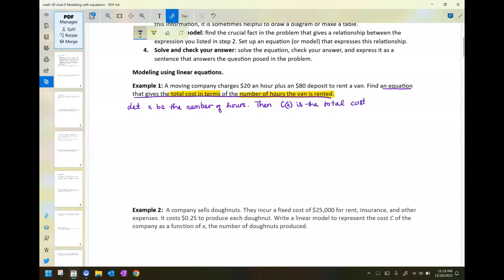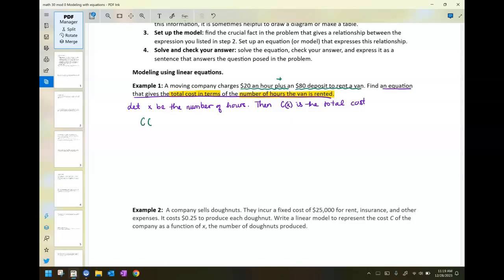So what do we know here? We know that a moving company would charge $20 an hour plus an $80 deposit. So you will be charged $80 deposit and $20 an hour.